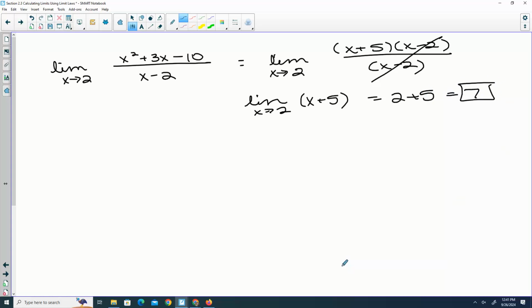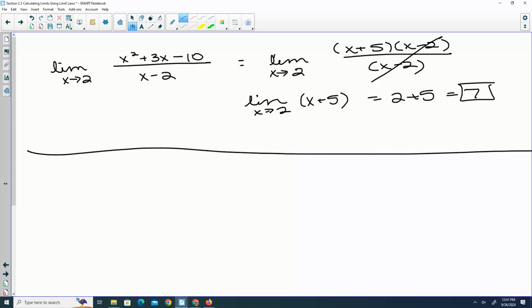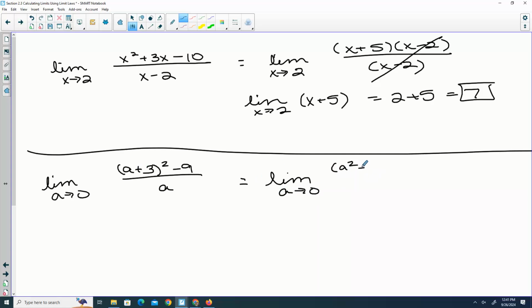We had some where it was like the limit as a approaches 0 of a plus 3 squared minus 9 over a. Okay, can I just plug in my a? So what was my strategy? FOIL it all out. So a plus 3 squared means you have that 2 times, so that would be a squared.